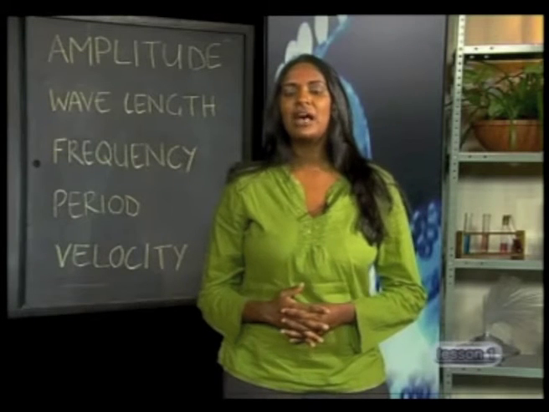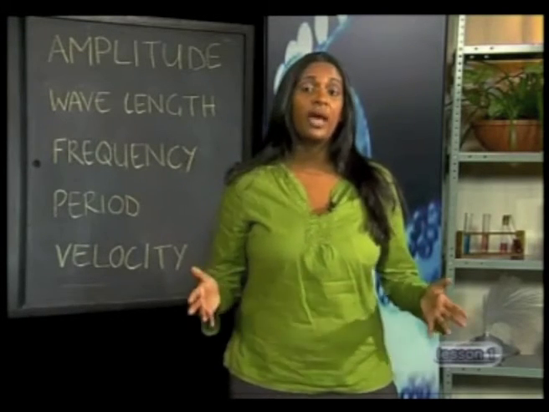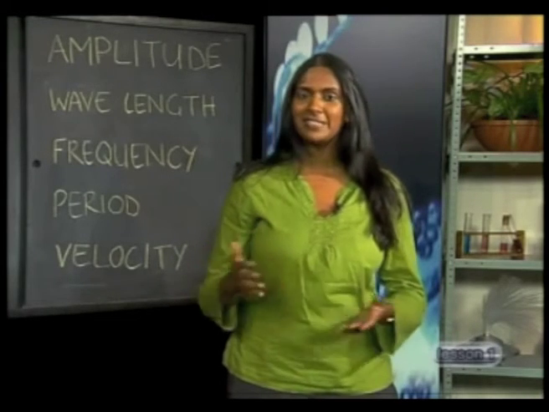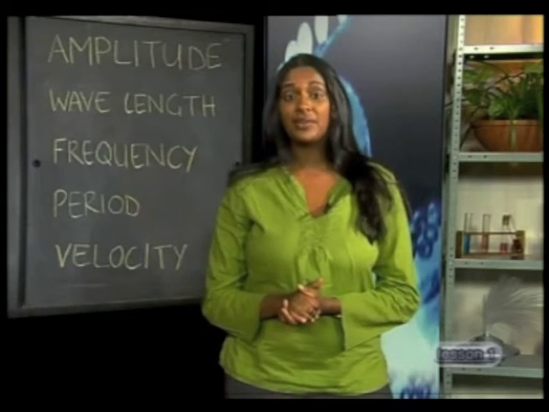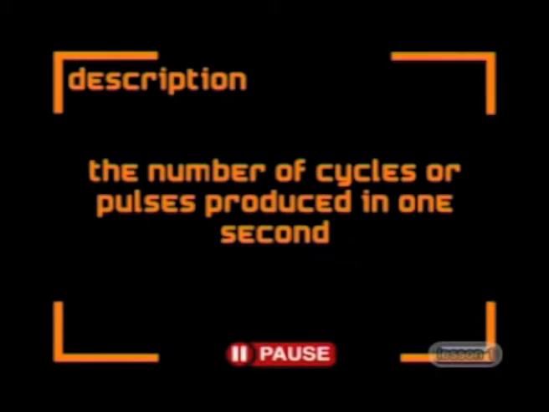A pulse lasts for one period, but a wave consists of a series of pulses. So when dealing with waves, we need to measure the number of cycles or pulses produced in 1 second. Can you remember what we call this concept?